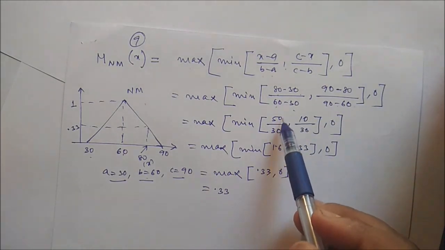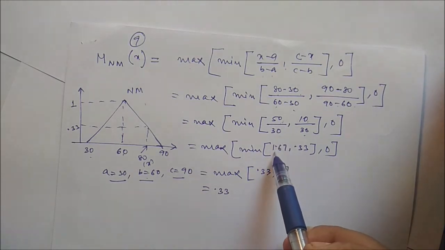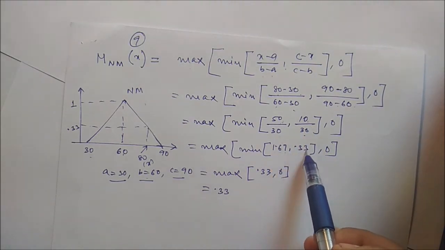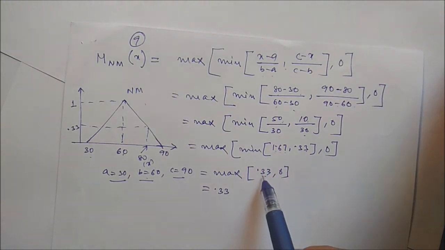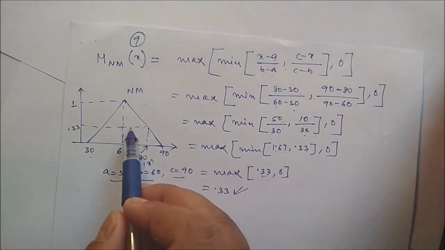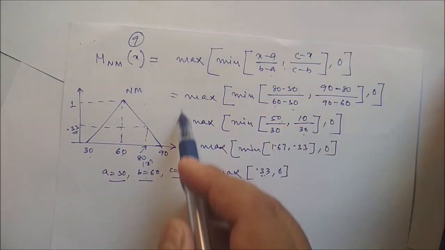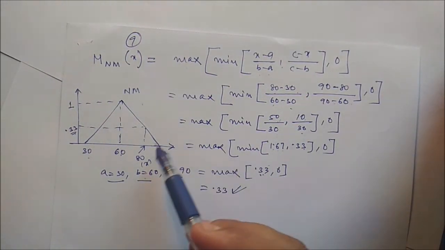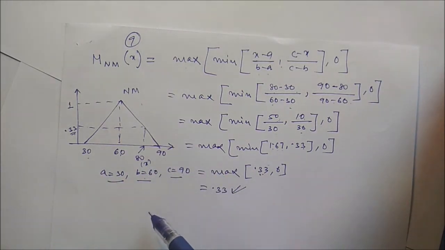So it is 50 by 30, 10 by 30. 50 by 30 is 1.67, 10 by 30 is 0.33. The minimum is 0.33. In between 0.33 and 0, the maximum value is 0.33. So if it is 80, the associated membership value is 0.33. So by using the formula for the different continuous membership functions, we can get the membership value for any discrete value.